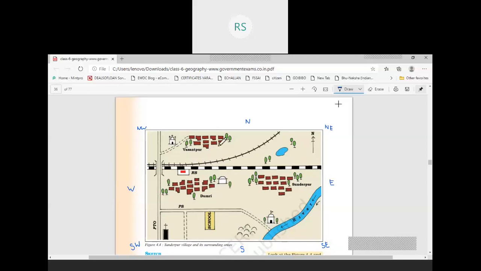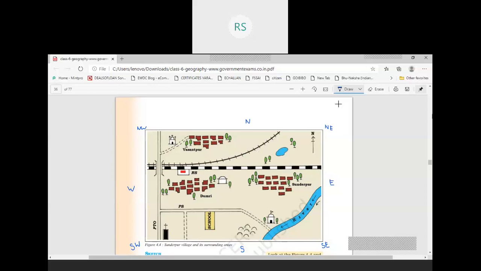Okay, and then you can see trees are there. These are the symbols of tree. Okay, and this is the railway station. Okay, this is the railway station, and this is the railway track.